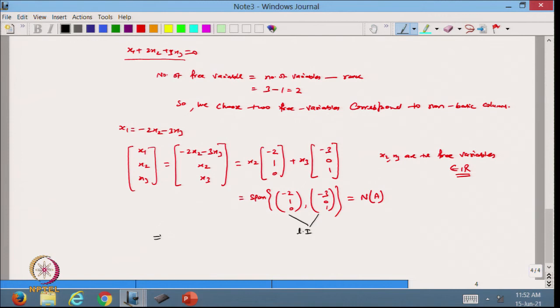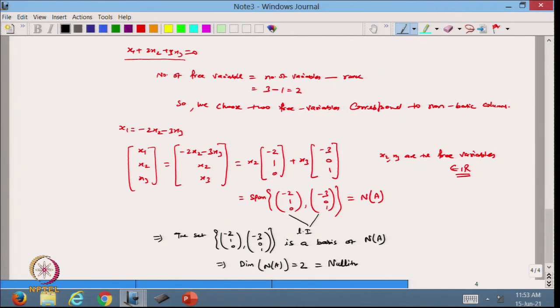So, from here I can say that the set containing the two vectors minus 2 1 0 and minus 3 0 1 is a basis of the null space of A. It only has two linearly independent vectors. So, the dimension of the null space of A is 2, and that is called the nullity of A. Like the rank, this is called the nullity.